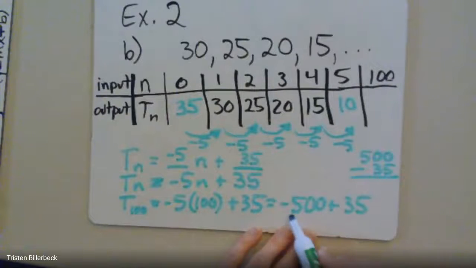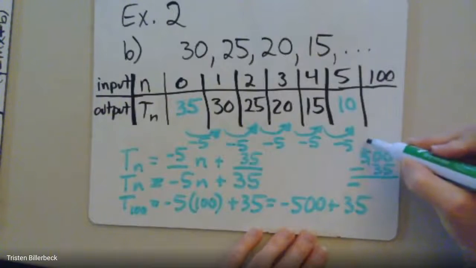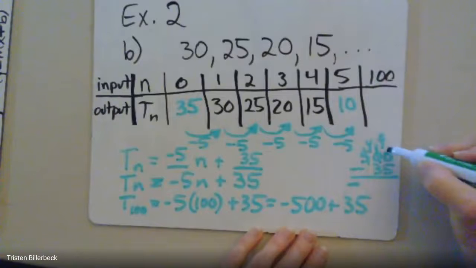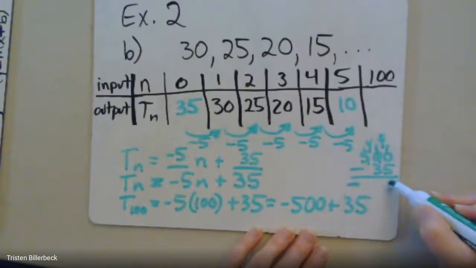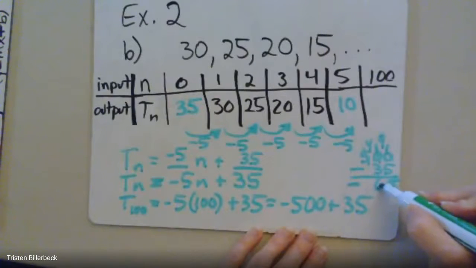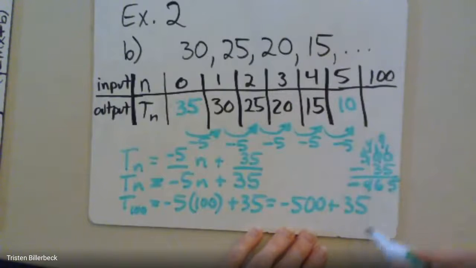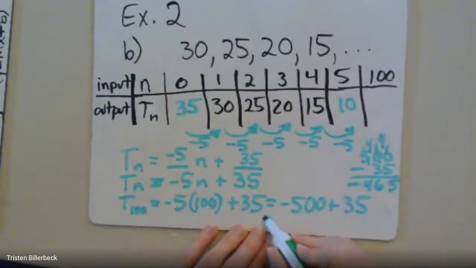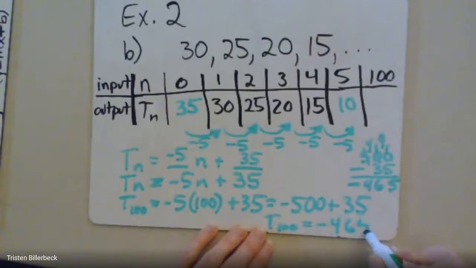And remember, since the biggest number is negative, our answer is going to be negative. So we'll carry 1 from over here and make that a 9, and this a 10. So we have a 5 and a 6 and a 4. So the 100th term is going to be negative 465.